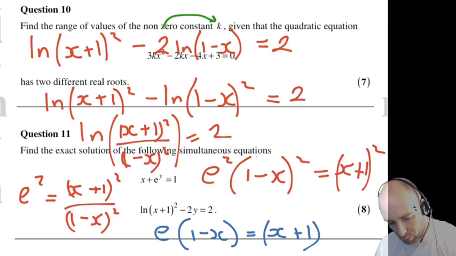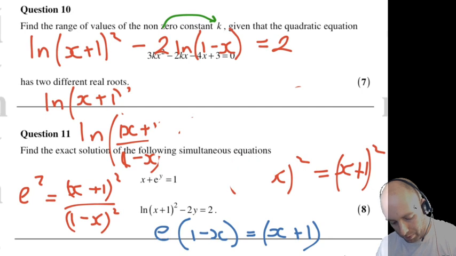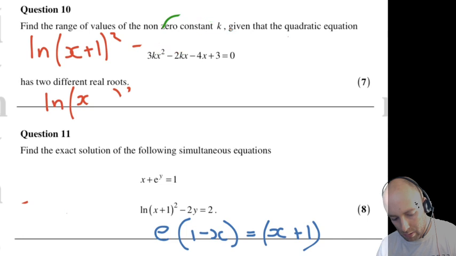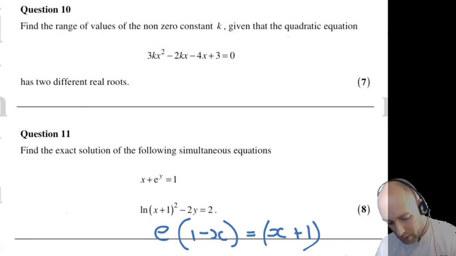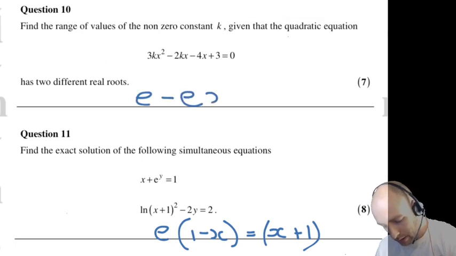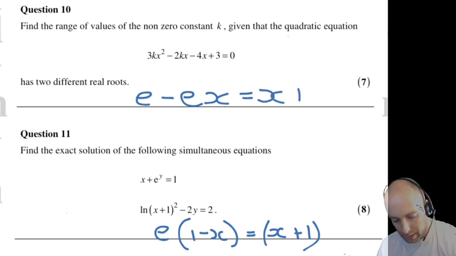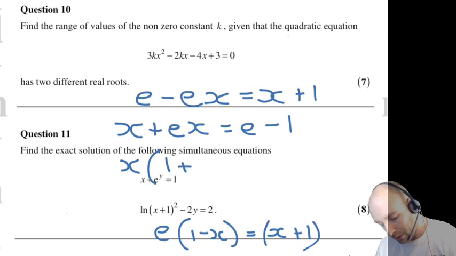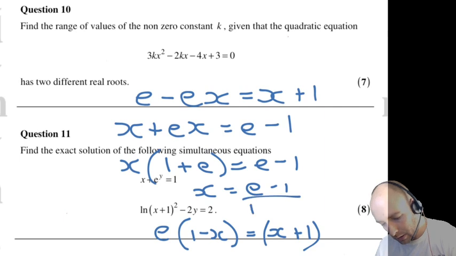So to solve this, e take ex equals x plus 1. Collect the x's together. x plus ex equals e take 1. x(1 plus e) equals e take 1. So x is (e take 1) over (1 plus e).